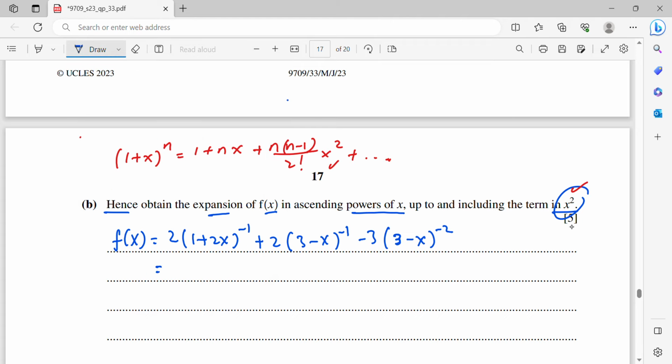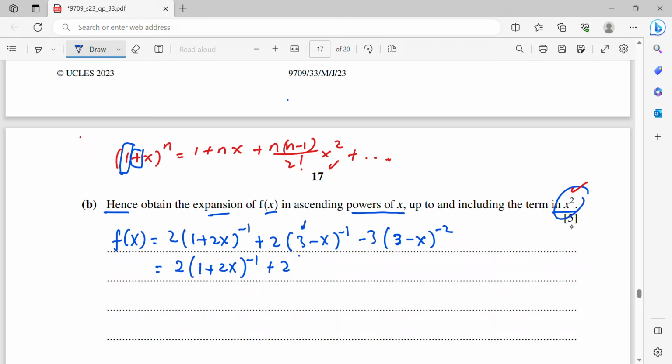Now, the constant, okay, when you need to use this formula, the constant here must be 1. And this is plus. Okay, so there's no issue for the first term. So I will rewrite. But for the second term, this is 3, it's not 1. Means that we have to factorize a 3.